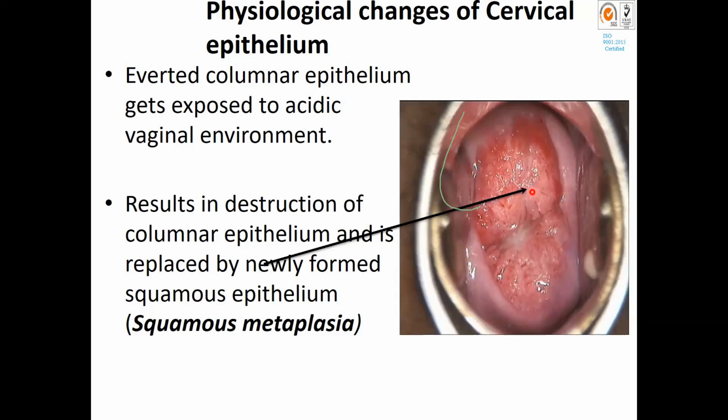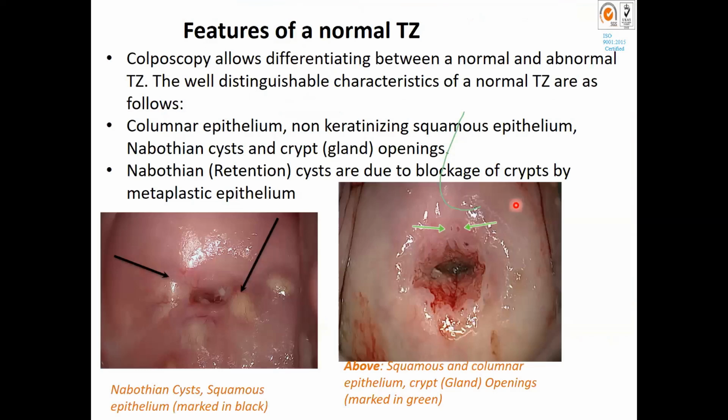Now, what is happening to this? You can see there is the pinkish white that looks similar to this other part. This part looks like this because metaplasia is taking place. The squamous epithelium is trying to cover up the most fragile columnar epithelium so that it can survive within the acidic environment of the vagina.